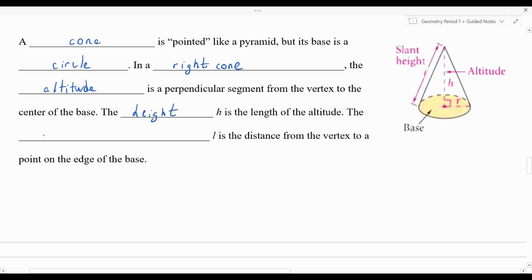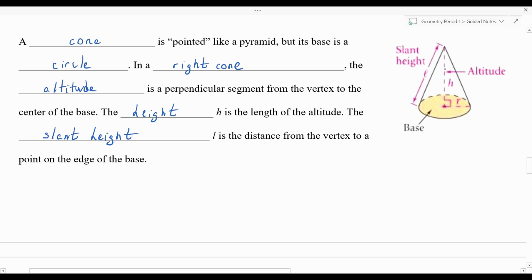The slant height, L, is the distance from the vertex to a point on the edge of the base. Here we have our vertex again, similar to a pyramid.